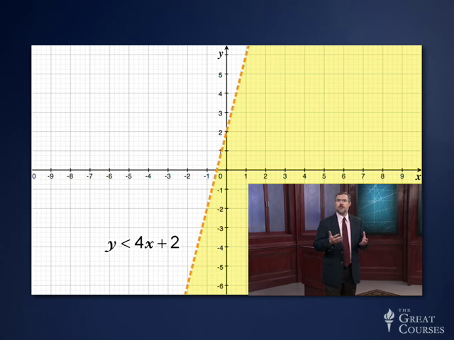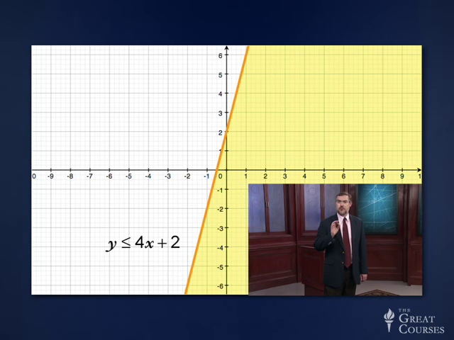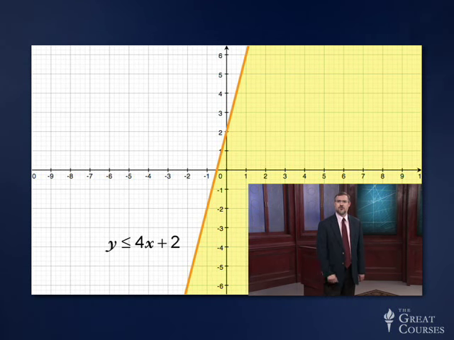But when the inequality isn't strict, so when we're working with less than or equal to or greater than or equal to, then we're going to draw the boundary line as a solid line. And that's going to remind us that the points on that line really are in the set of solutions.